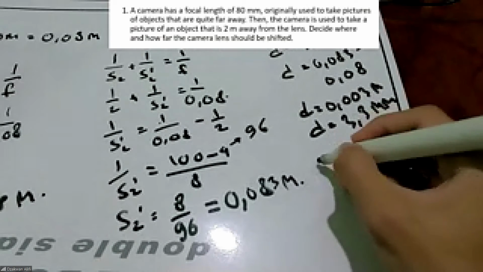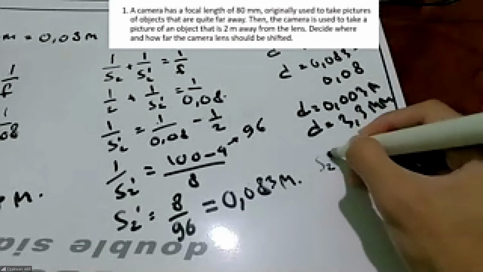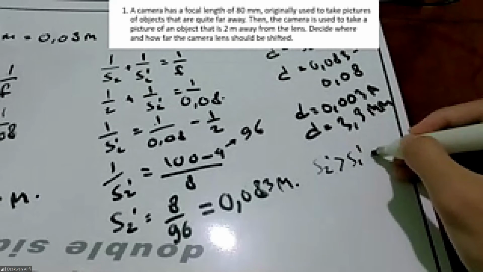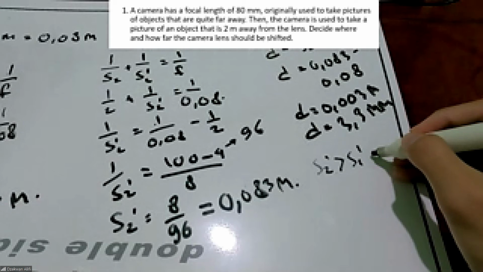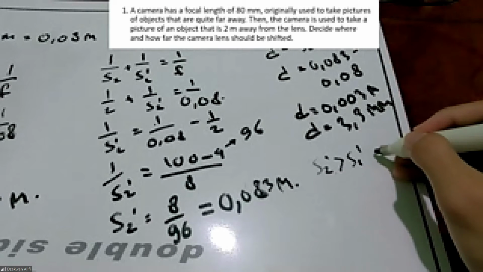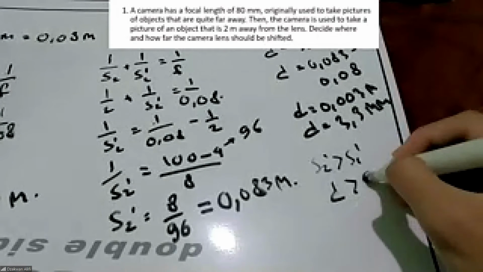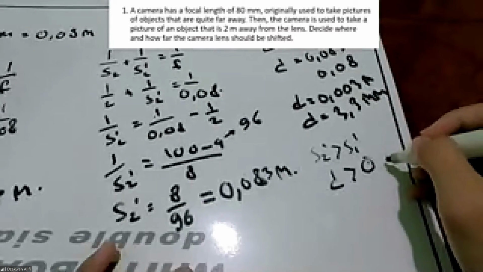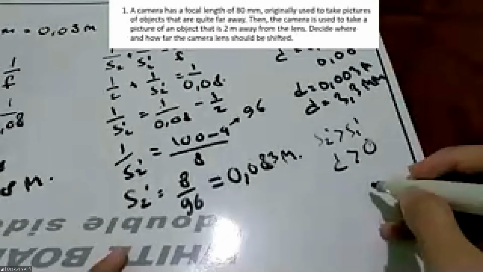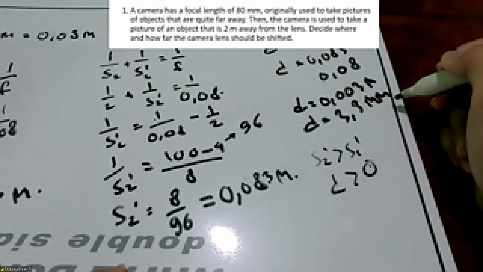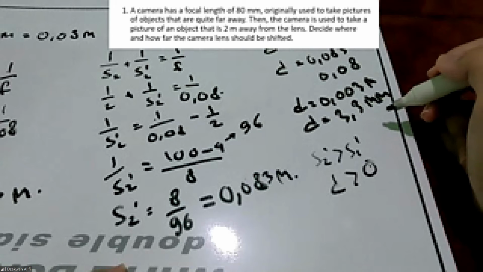We know that because the s2 accent is greater than s1 accent, and d is greater than 0, it means the camera moves 3.3 millimeters away from the film.